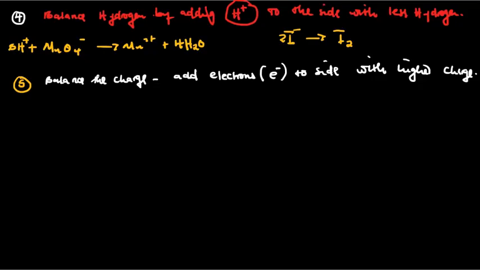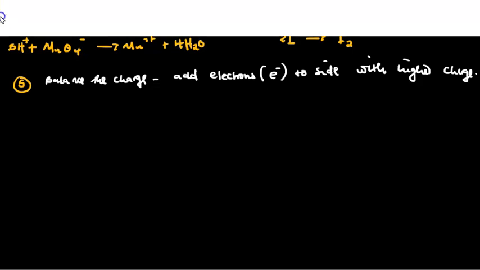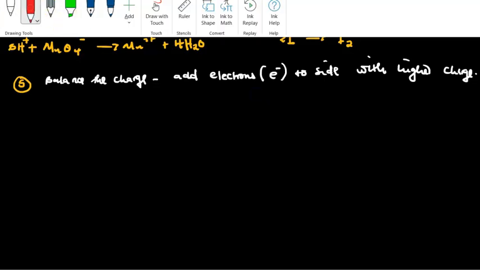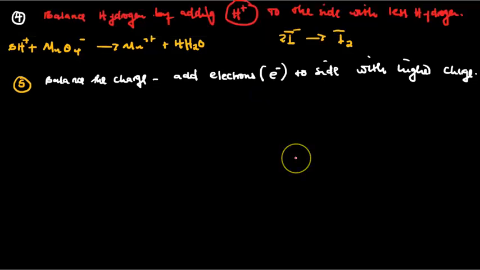If we come to equation 2, what we have is 2I minus producing that. Now, if I ask you the question, what's the total charge on the left side?